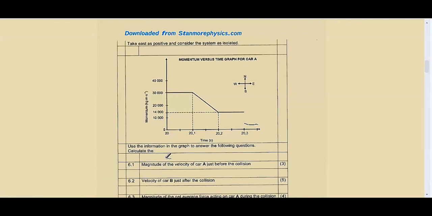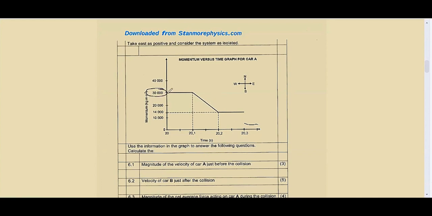Then 6.1 says calculate the magnitude of the velocity of car A just before the collision, and we are given 3 marks. So we know that our marks usually detail to us the effort that we should put in there. Magnitude of the velocity of car A. Let's check here. We are given the momentum here.